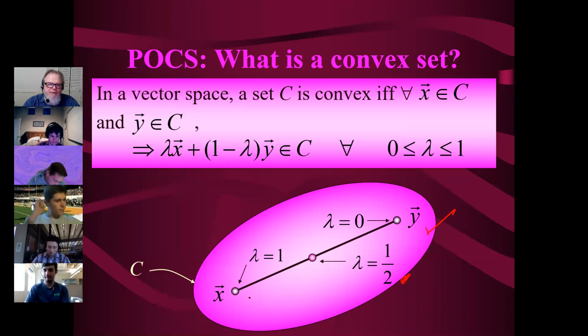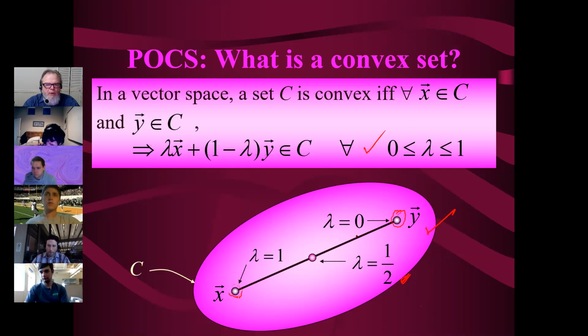And what this says is, if I choose a point x in this set, and I choose a y in this set, and I connect a line segment between x and y, that line is totally contained in the convex set. That's all that this stuff up here means.